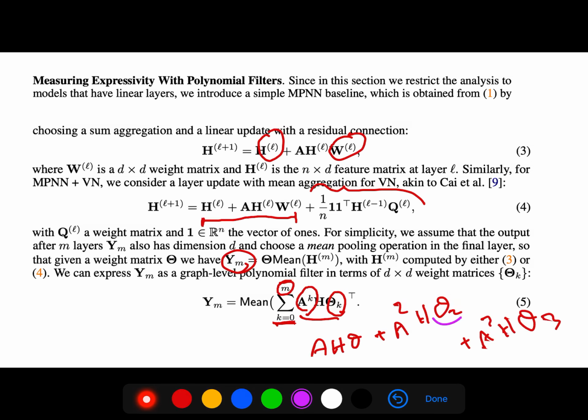But these thetas are going down. The weights should go down in order to, first of all, converge this time series. So the weights of the higher hops are going down. It is reducing the global effects as the number of layers is growing.